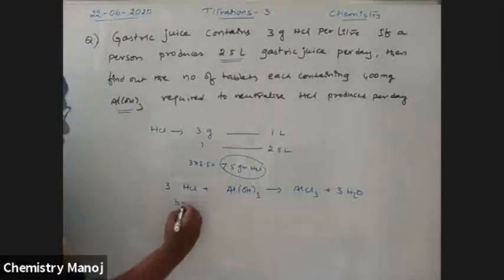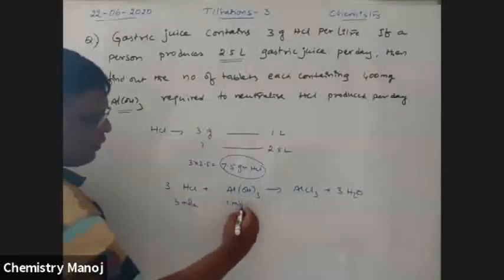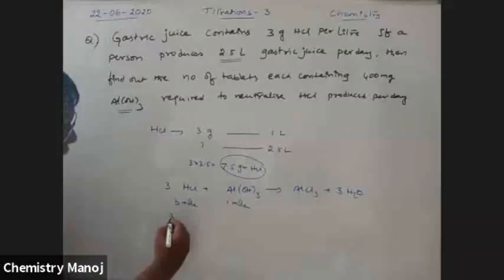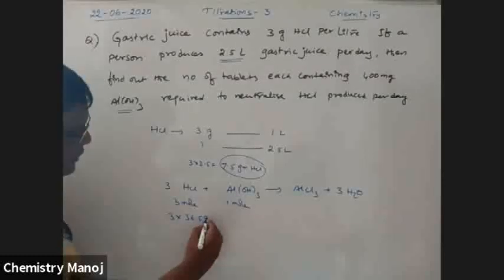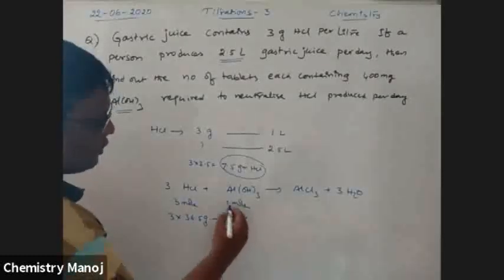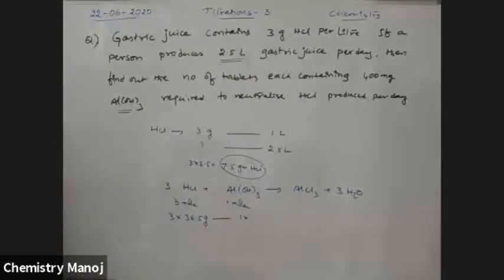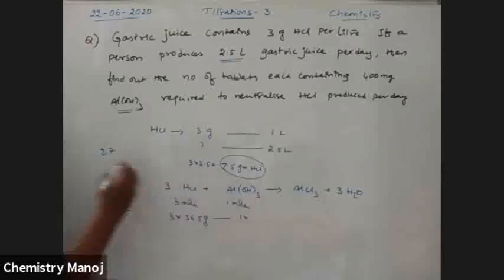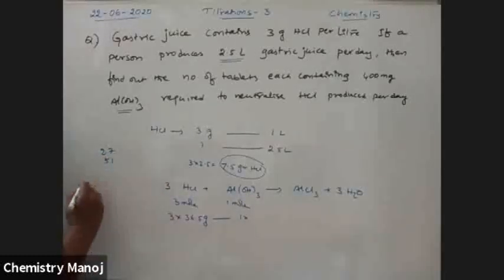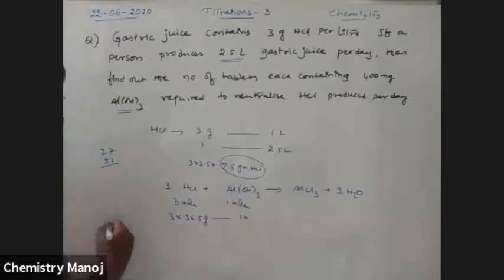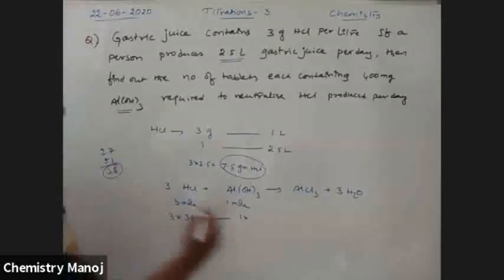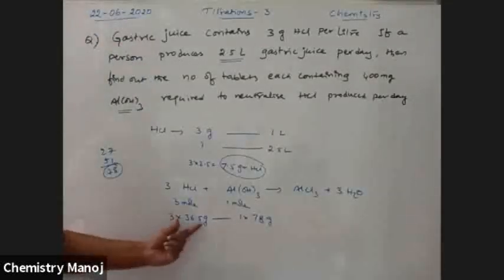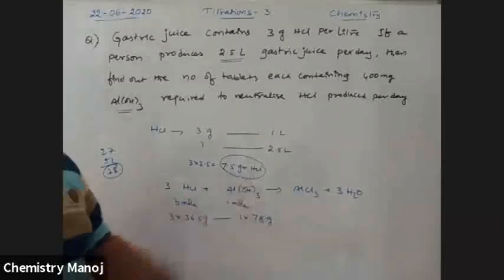So 3 into 36.5 grams HCl requires 1 into the molecular weight of aluminum hydroxide. Aluminum 27, hydroxide 17 into 3 is 51, so the answer is 78 grams of Al(OH)3.